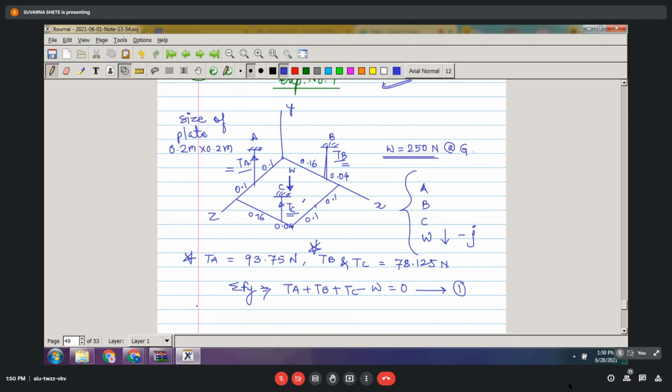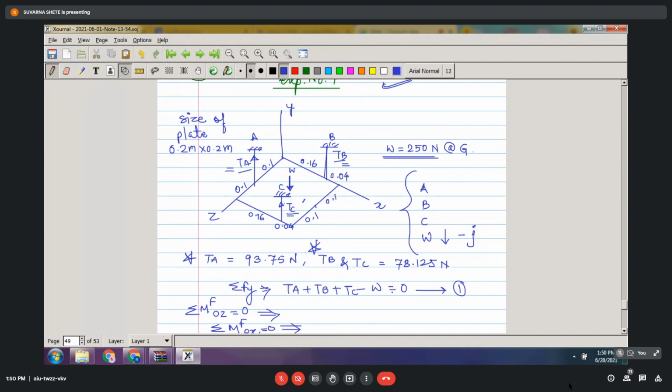The second equation will be for moment: the moment of all the forces about OZ will be equal to 0, because the plate is in equilibrium. The downward force is taken care of by the upward tensions. And the third, the algebraic sum of moments of all the forces about OX will be equal to 0.